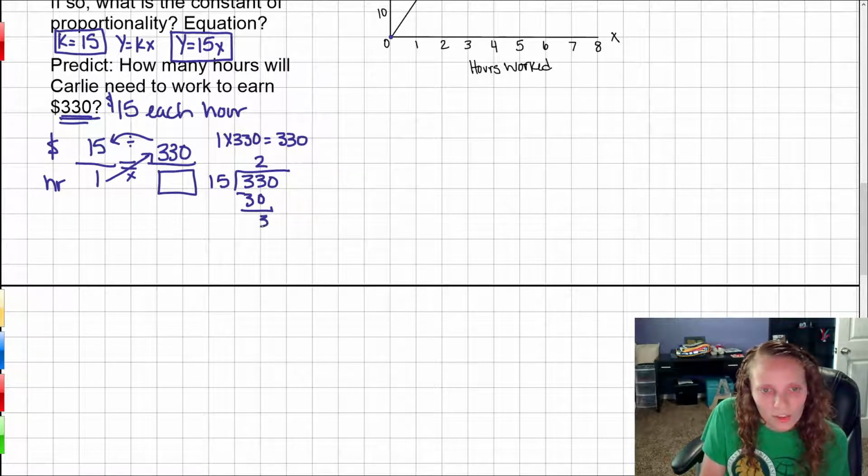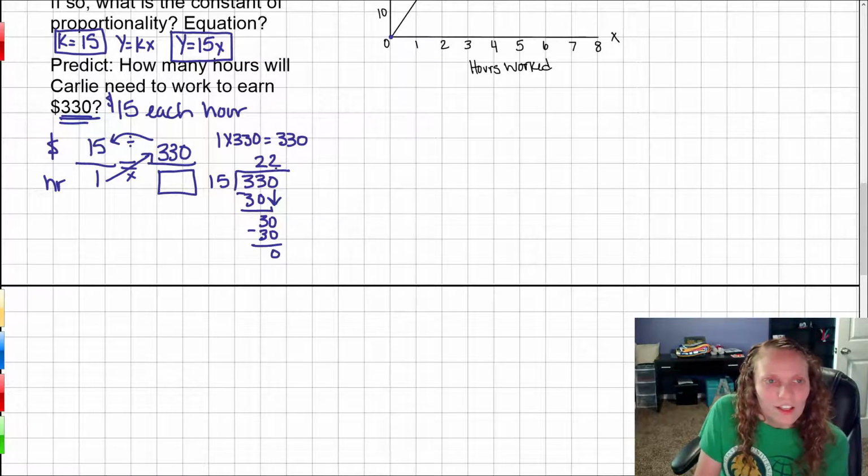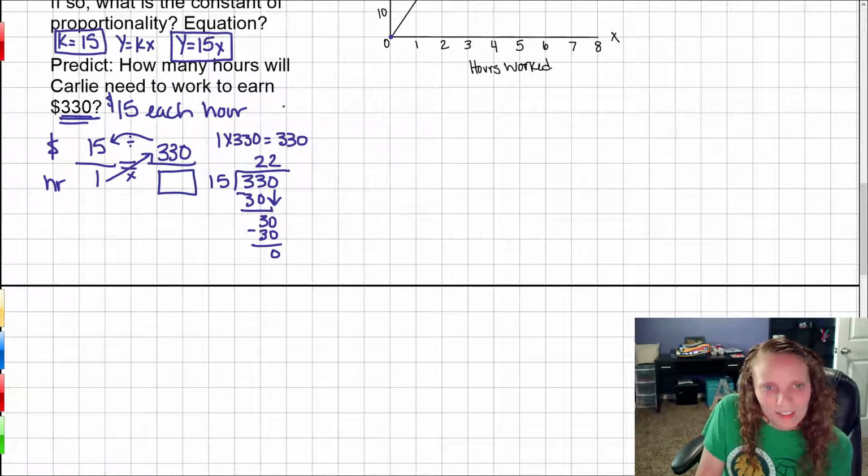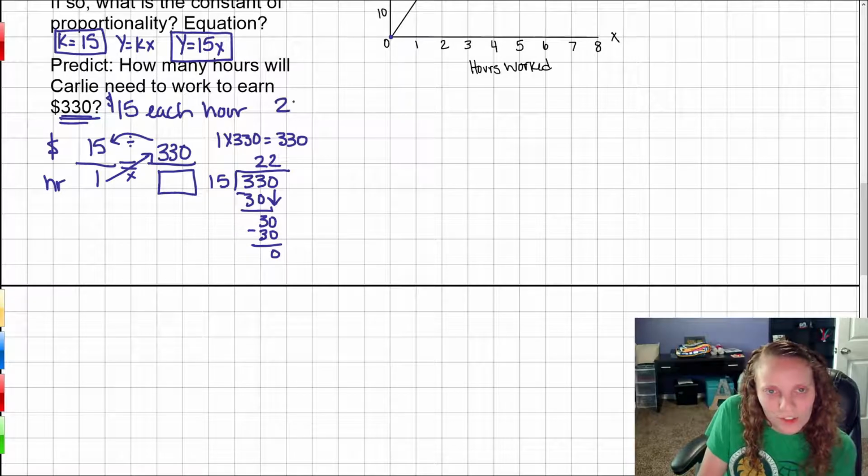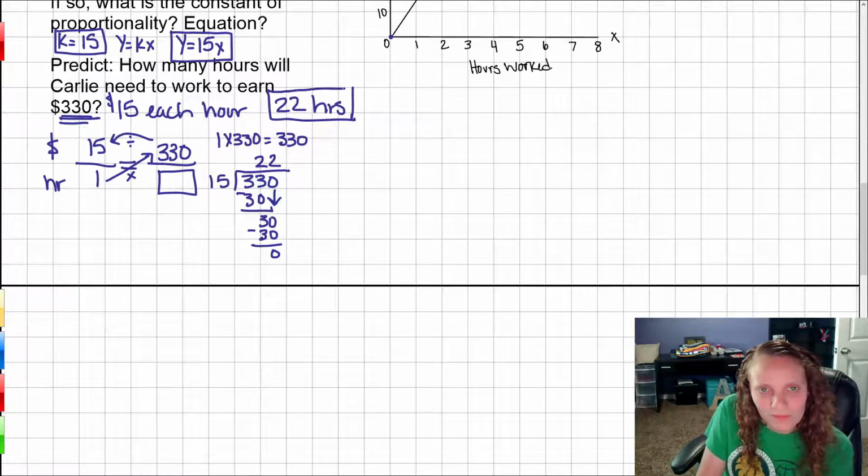When we subtract, 3 left over, bring down a 0. 15 goes into 30 2 times. So it would take 22 hours to earn $330.